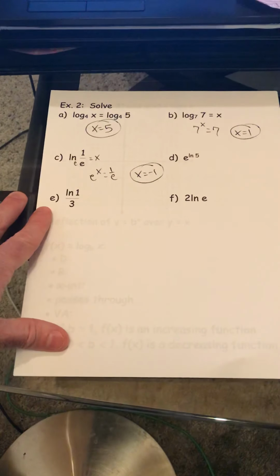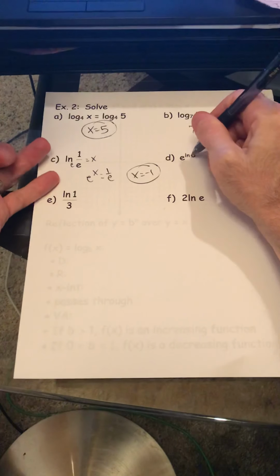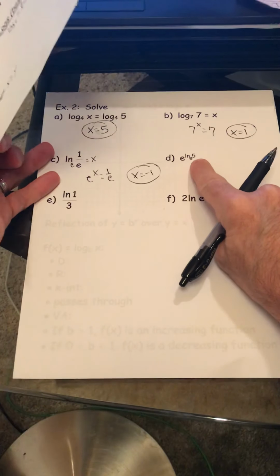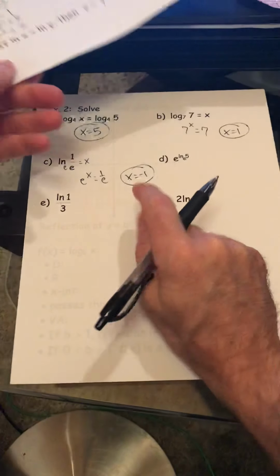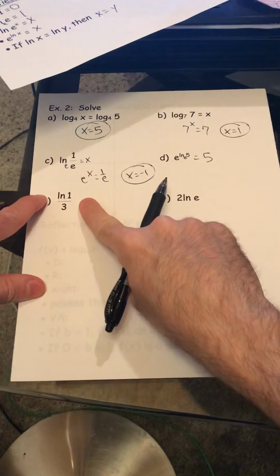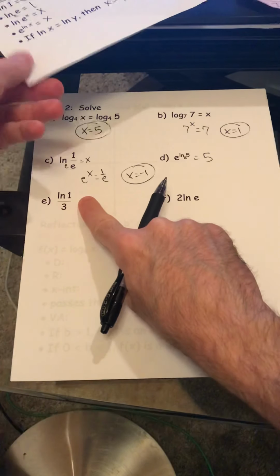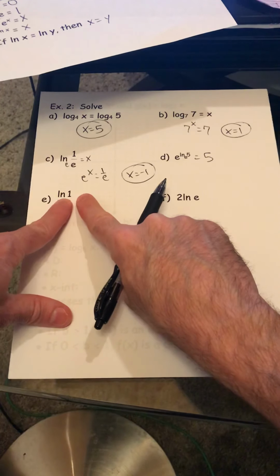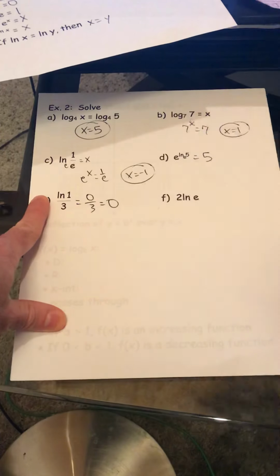All right, coming back to our properties, if you have e to the natural log of 5, again, because our base here and our logarithm base are the same, whatever is inside the logarithm is your answer. So this one is just 5. All right, for this next one, natural log of 1 over 3, well, then any logarithm of 1, be it a regular base or the natural base e, is 0. 0 over 3 is 0.